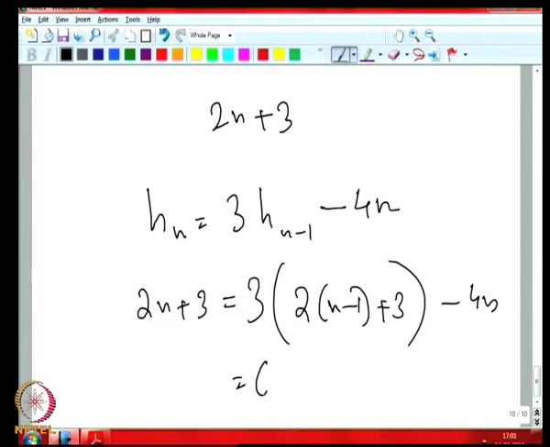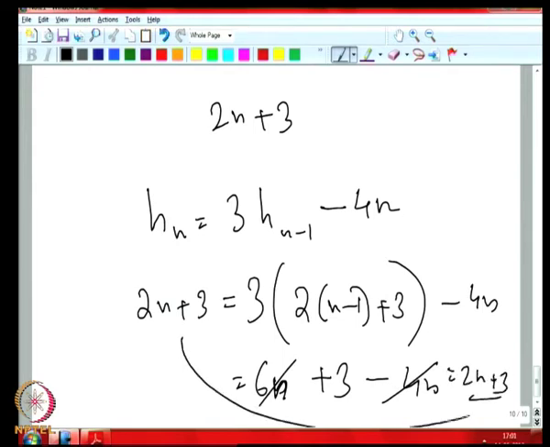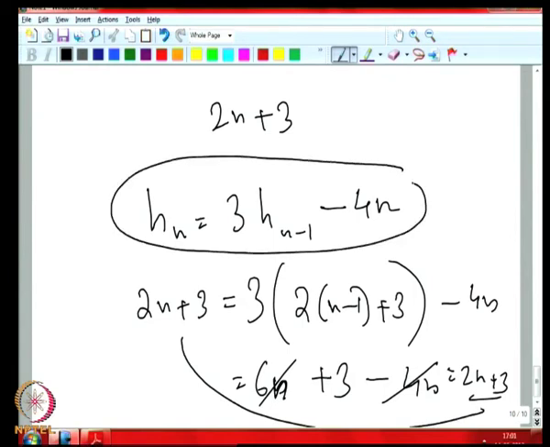So here we have 6n, here we have minus 6 plus 9, that is plus 3, and minus 4n. Which will make it 2n plus 3 as we want. This and this are same. I just verified that this particular solution is indeed a solution, but there is only one problem here.